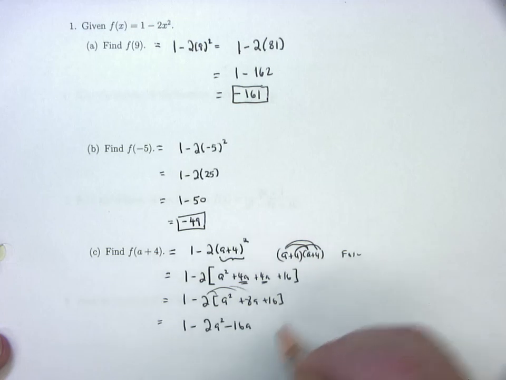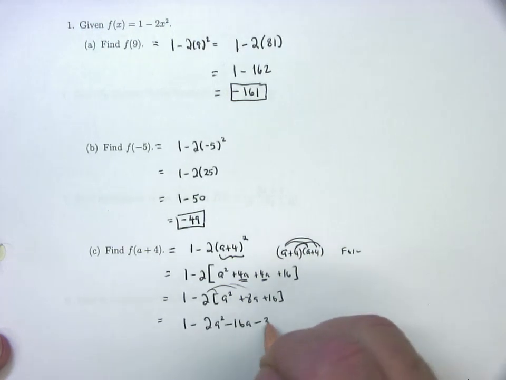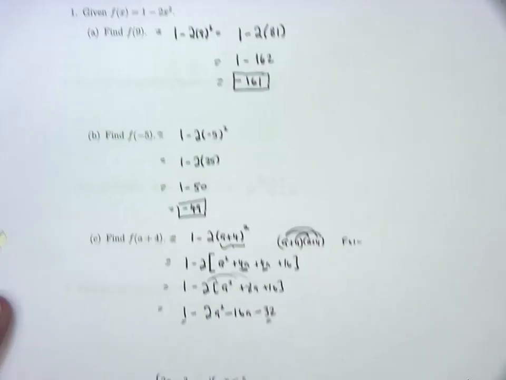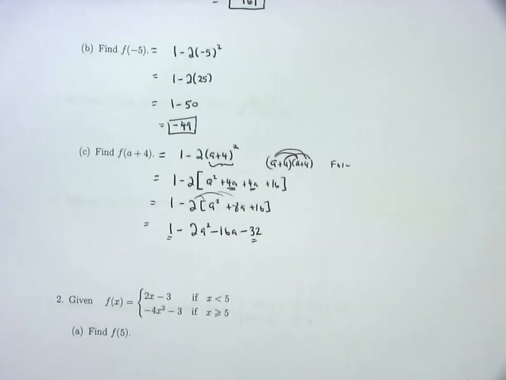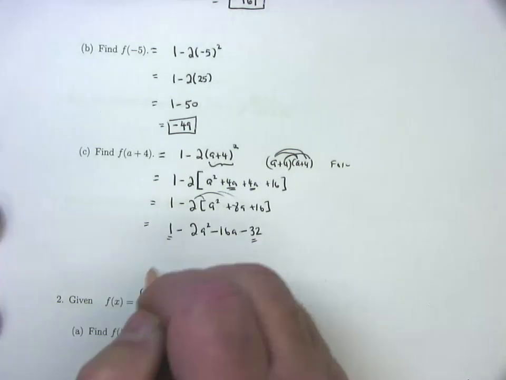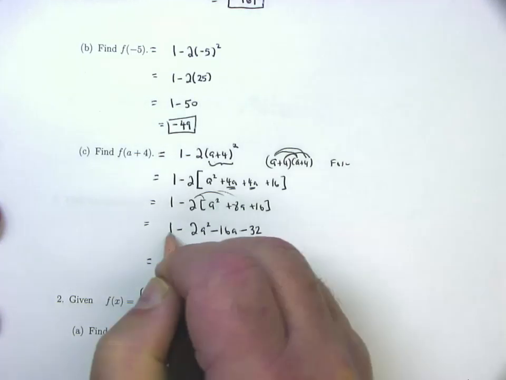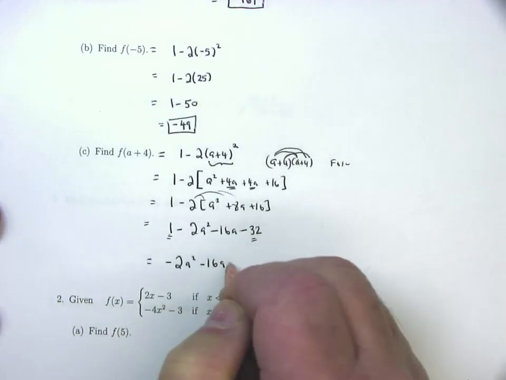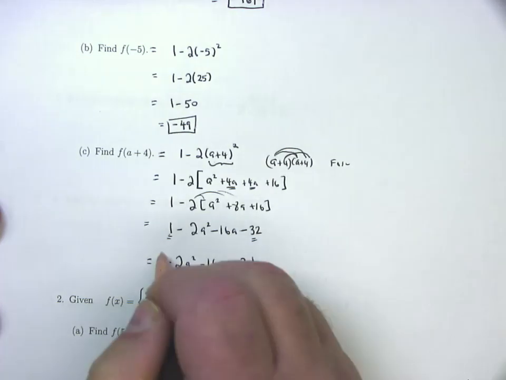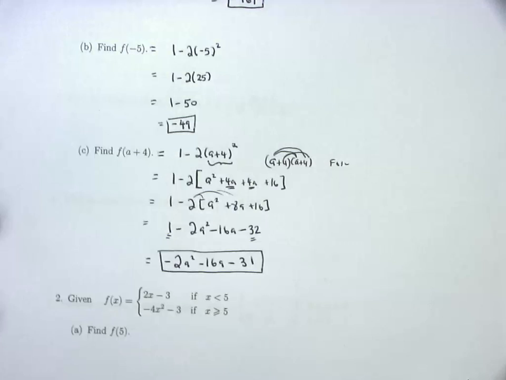And negative 2 times 16 is minus 32. The last thing I'm going to do is combine like terms. What is 1 minus 32? So this is equal to negative 2a squared minus 16a, and 1 minus 32 is minus 31. And there is my solution.